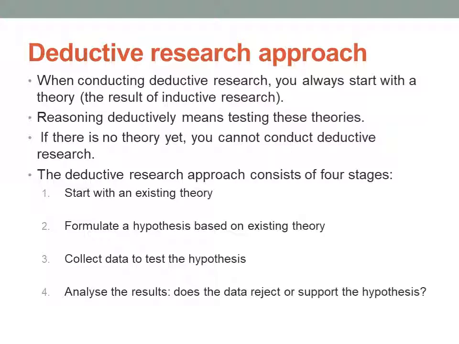Then after formulating the hypothesis, you design what experiments you need, what the relationships, what the correlations, what the validation techniques are in order to prove your hypothesis. Then you collect data based upon your design. After collection of your data, you analyze the results.